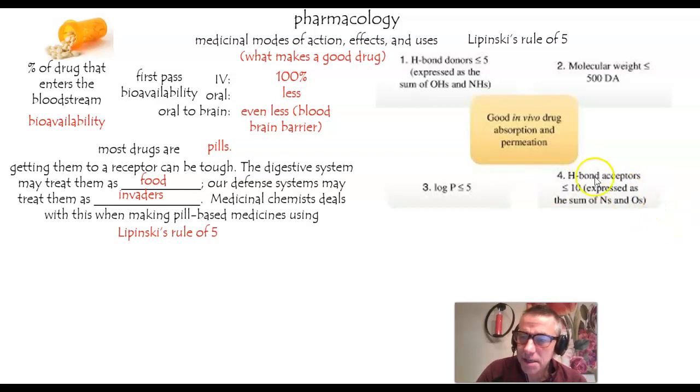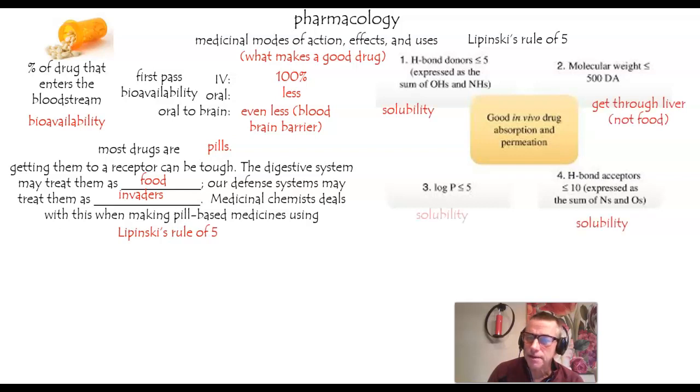Finally, you want to have the correct number of hydrogen bond acceptors, as well as donors. By dialing these things in, you can get a substance which has the right level of solubility and good bioavailability. Solubility, getting through the liver, and most of these really do deal with making sure your drug is not, as some medicinal chemists call it, a brick, something which is just not going to get into the bloodstream.